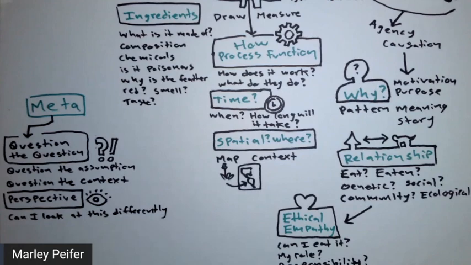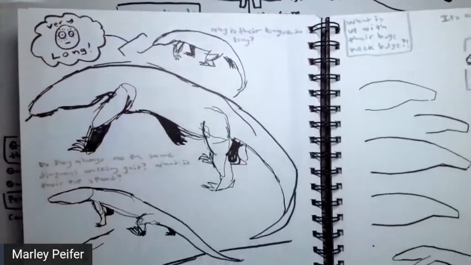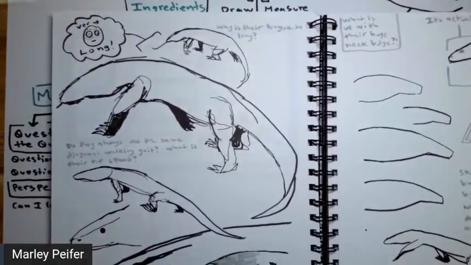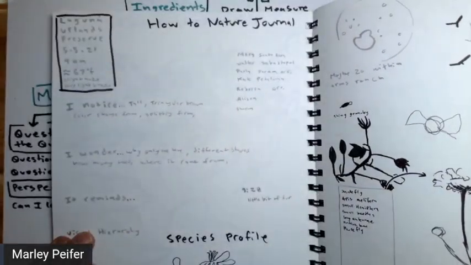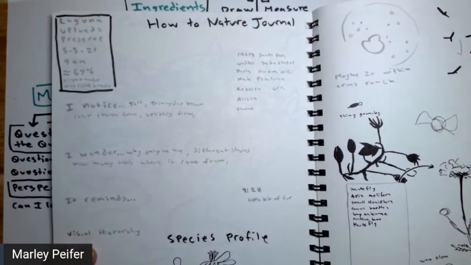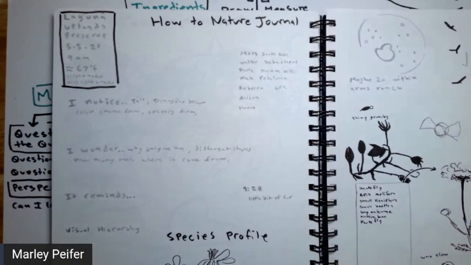I will show you a visual way that we can do this. So we often can do this with our drawings because we automatically experiment with looking at things from different perspectives. So let me find an example here.